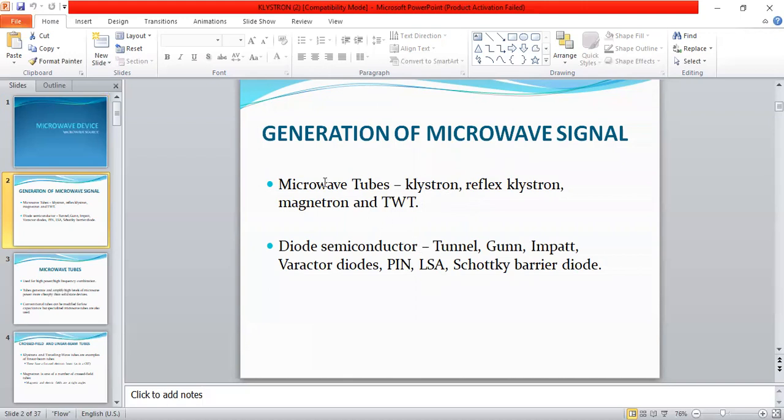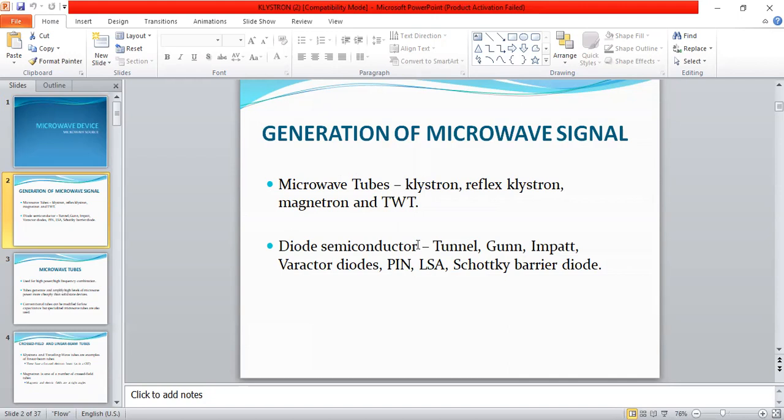Here in these microwave tubes, we will use a tube technology that is just like our triodes, tetrodes, pentodes, which uses electron beams to generate a beam of electrons. By that, to increase the power of the microwave signal, we use tube technology. And the second one is semiconductor technology.